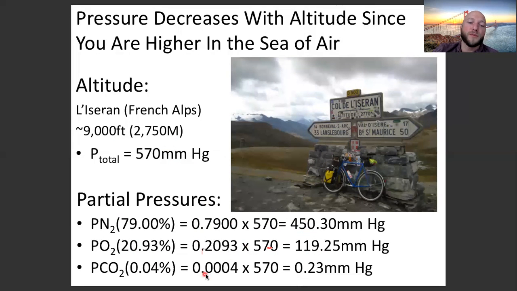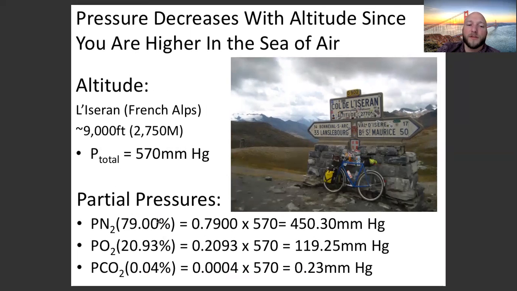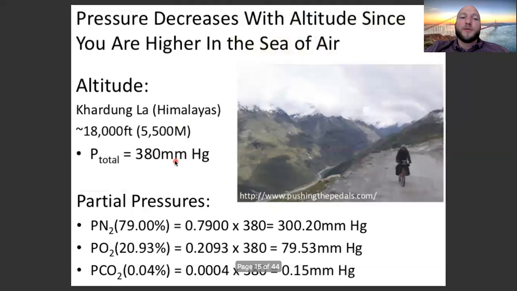For CO2, 0.0004 times 570 gives us a partial pressure of CO2 of 0.23 millimeters of mercury. So as we rise in altitude, concentration stays the same, but total pressure and partial pressure decrease.